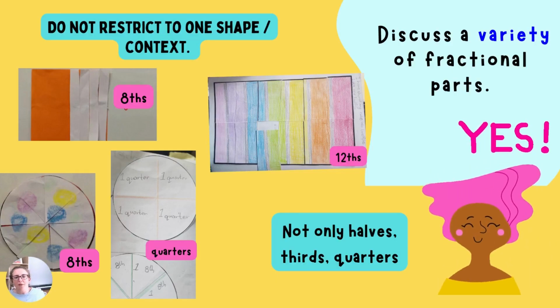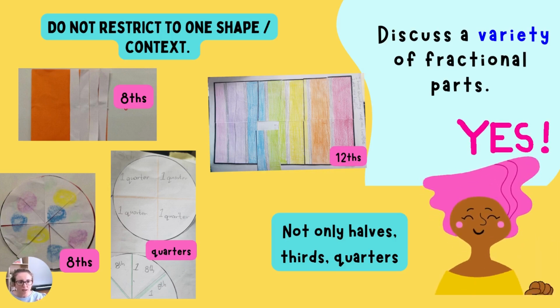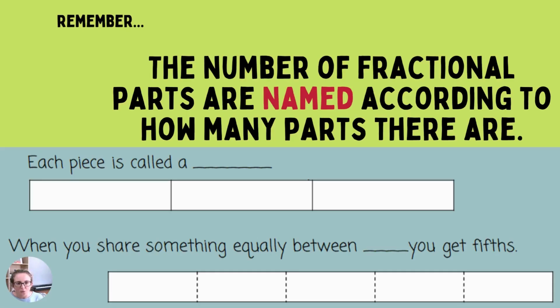So when you're teaching about fractions as an object as opposed to collections, don't restrict to one shape or context. So here you can see I've done fractions, 8s in a circle, 8s in a rectangle. How does it look different? You need to allow them to play with this idea of the fact that the number of fractional parts are named according to how many parts there are, but you can get fifths that are smaller and fifths that are bigger depending on how big the whole is.